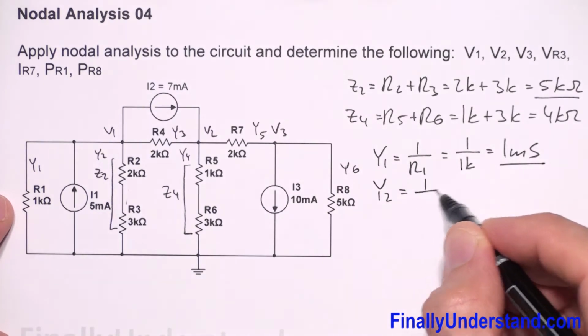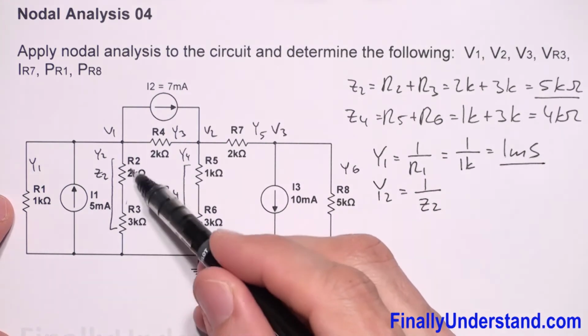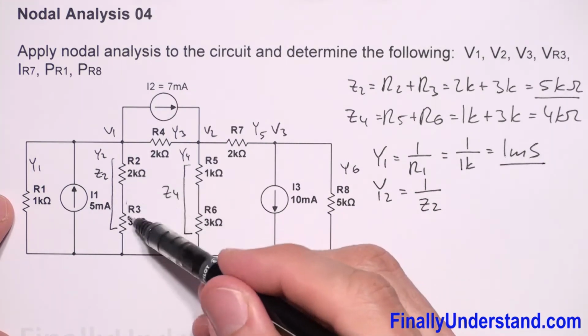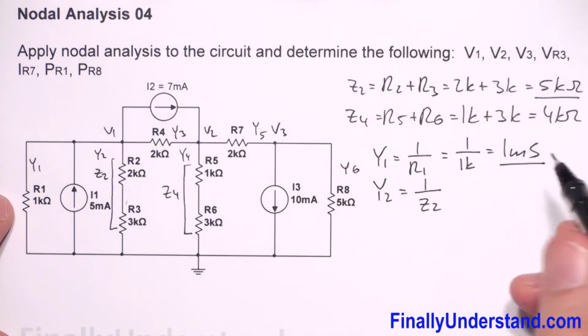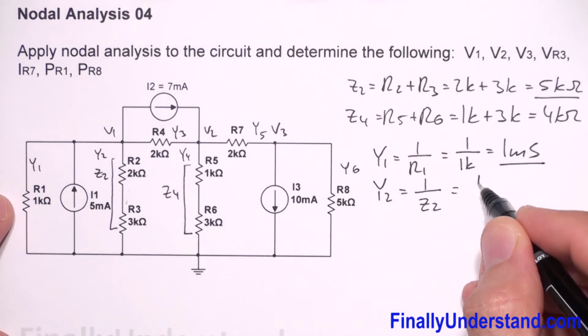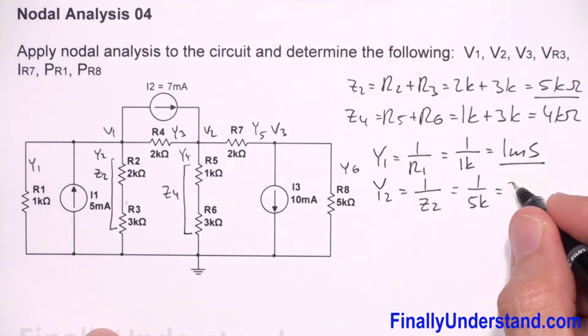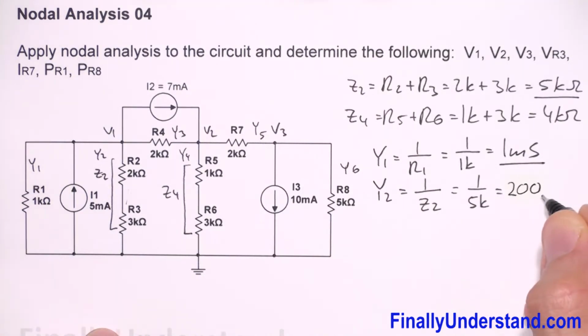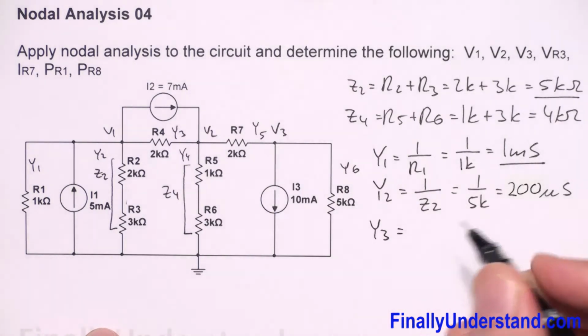Y2 is 1 over my Z2. We found the total resistance of these 2 resistors, and we found that this is equal 5 kilo ohms. So this is equal 1 over 5 kilo, and this is equal 200 microsiemens.